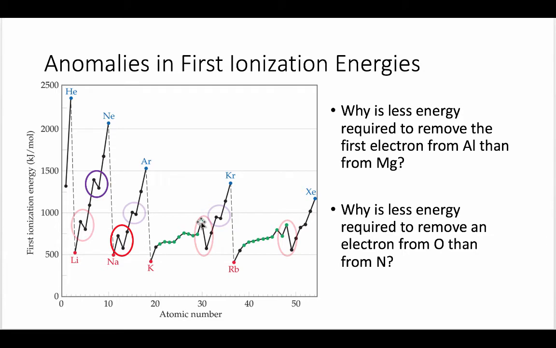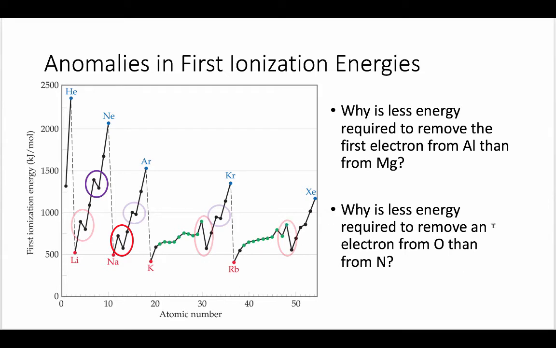This represents zinc that has a full D sublevel, and then gallium, which has one electron in the P sublevel. So it's a little bit easier to remove that electron than it is for zinc. So having a full sublevel makes a difference here for zinc and then also for cadmium underneath it.